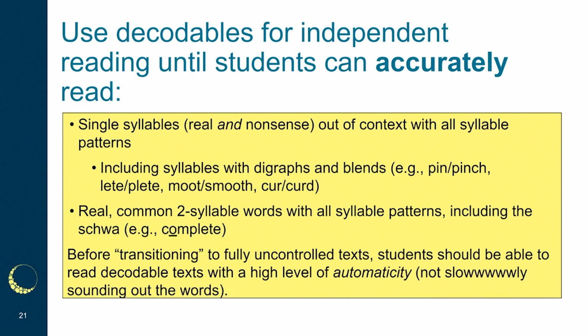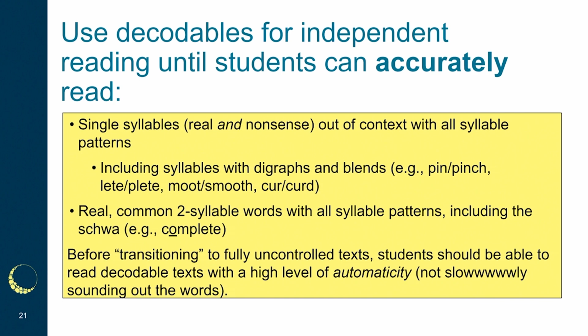You need to be able to read real, common, two-syllable words using all those syllable patterns, including the schwa. So there's pleat, complete, but we usually say complete, so that O has a lazy-sounding schwa sound. Before transitioning to fully uncontrolled texts, students should be able to read these kinds of things with a high level of automaticity.